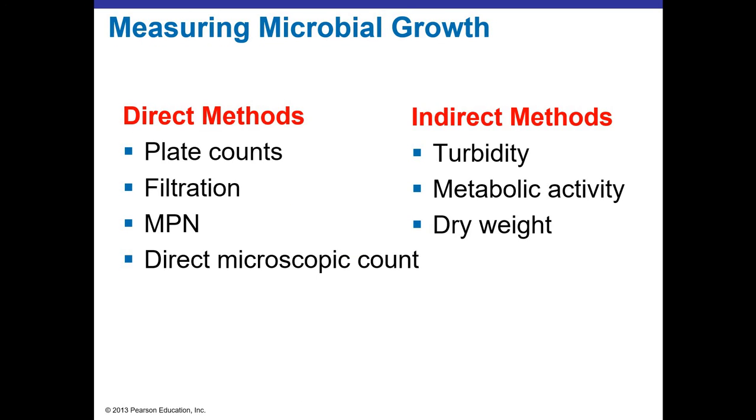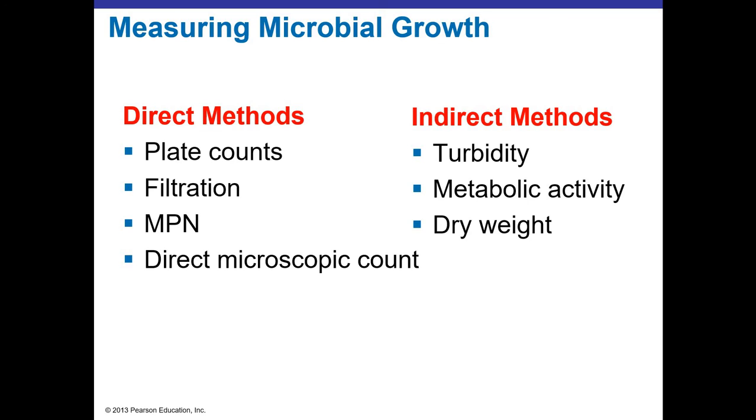So measuring microbial growth is very important. We do it all the time to be able to understand the infectious process or the disinfection process. And so direct methods such as plate counts, filtration, the most probable number, and directly counting under the microscope are all examples of how we get real numbers by direct methods.